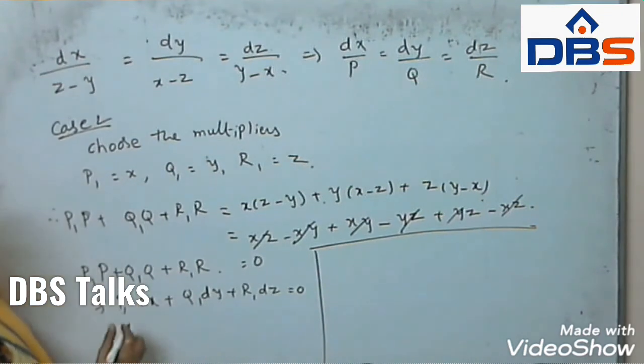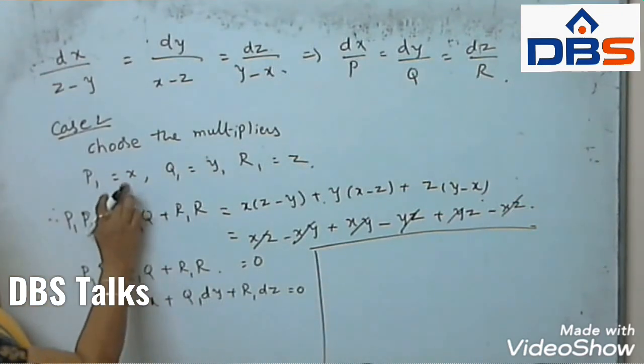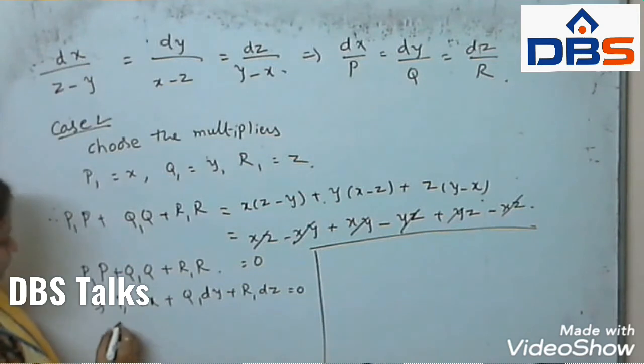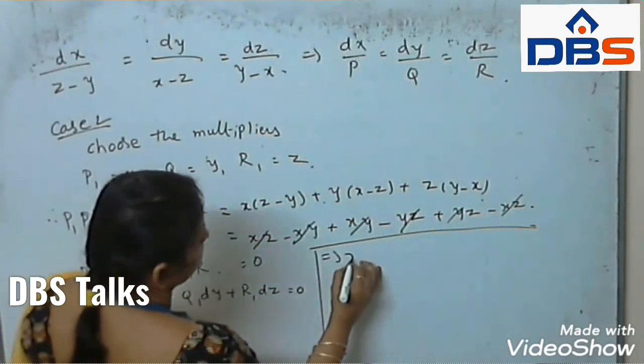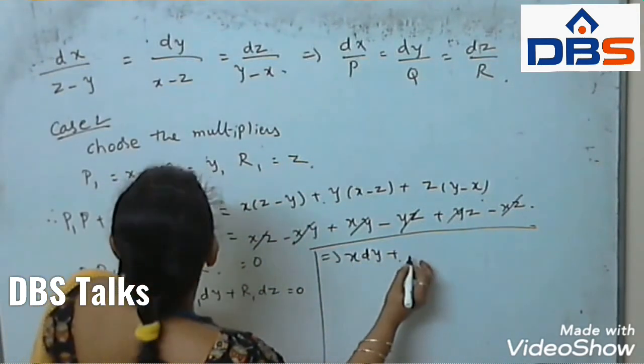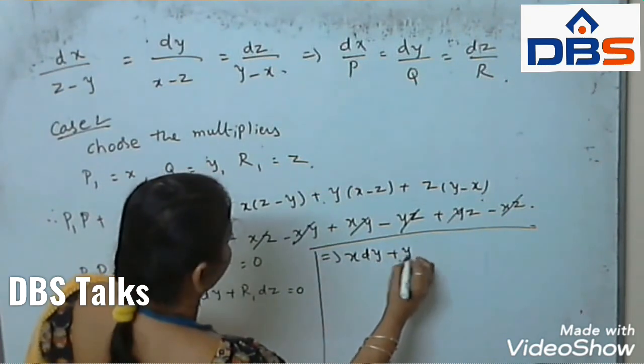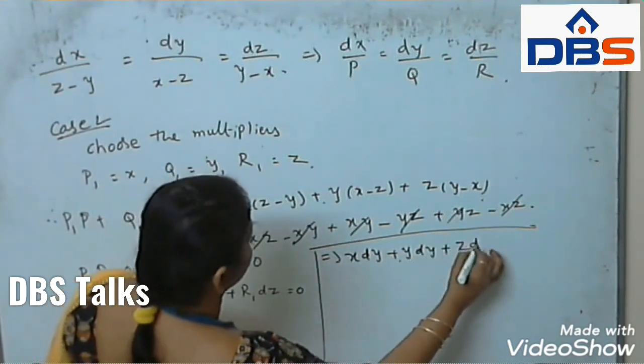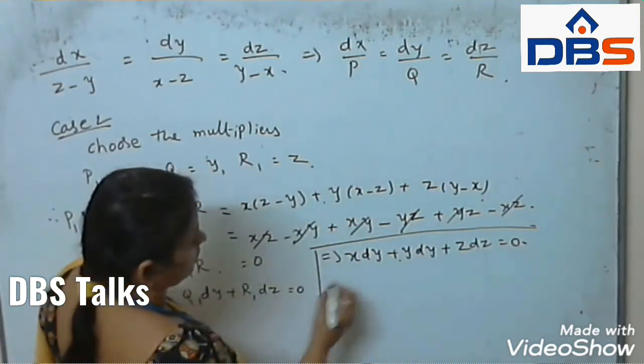That implies P1, what is P1? x. x dx plus Q1 y dy plus z dz equal to 0.